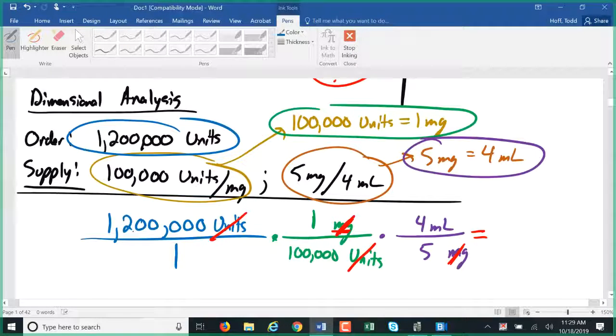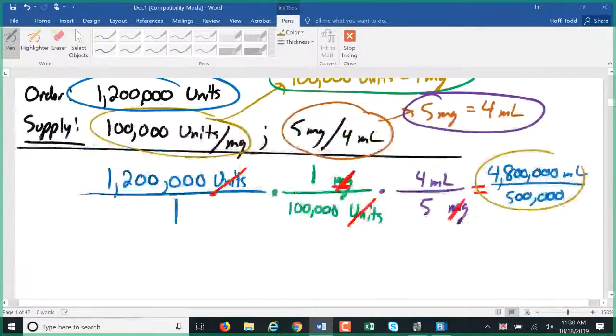So 1,200,000 times 1 times 4 milliliters is 4,800,000 milliliters. On bottom, 1 times 100,000 times 5 is 500,000. And we divide that out: 9.6 milliliters.